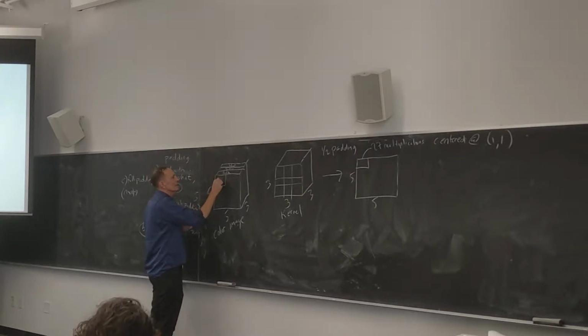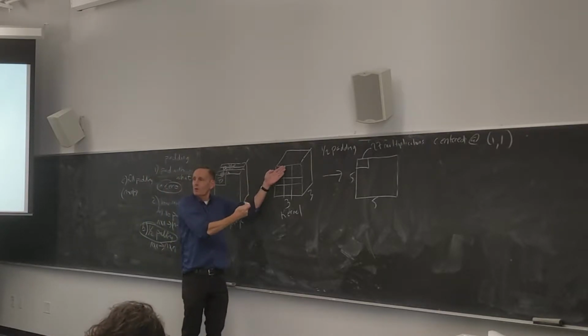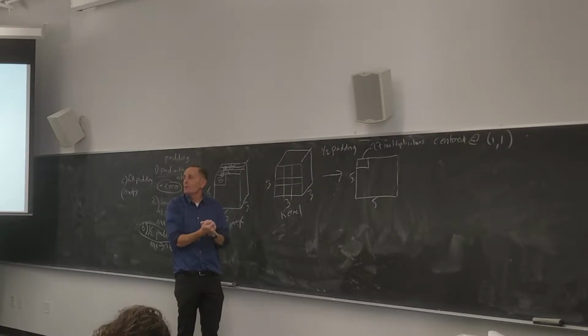It's going to be these values plus these values plus these, that is, all of these values together, all multiplied by their appropriate kernel components, and then all summed together into a single number.